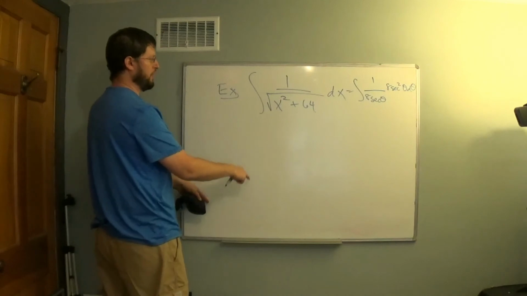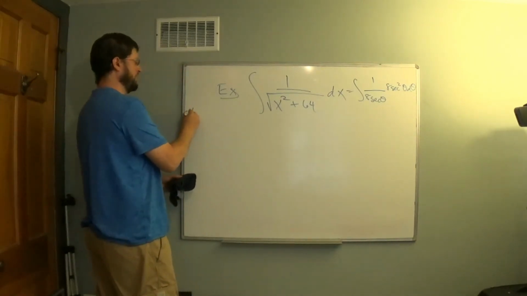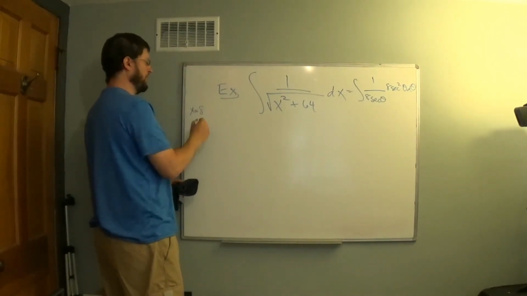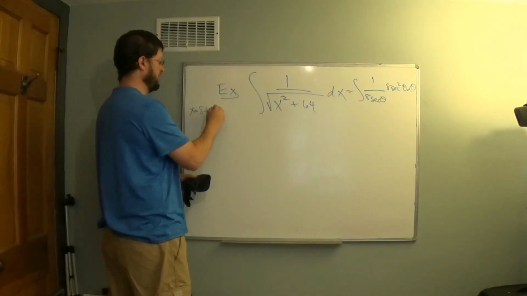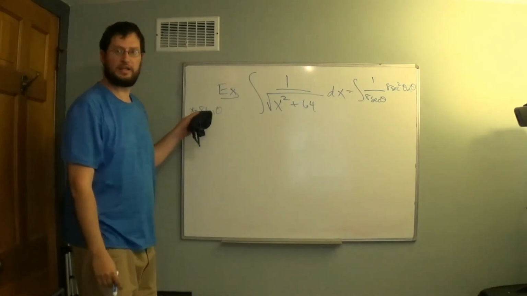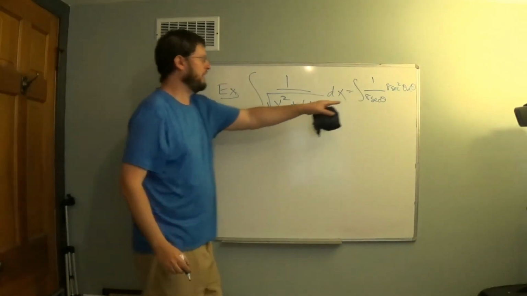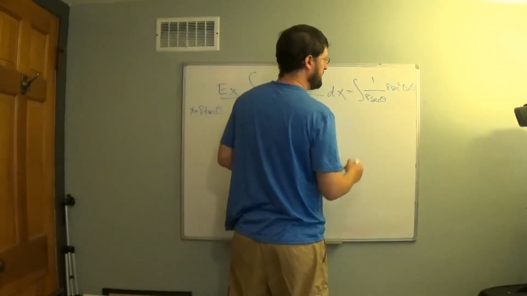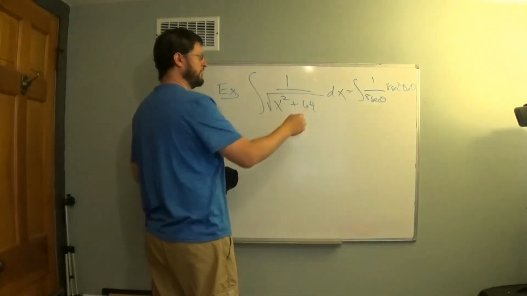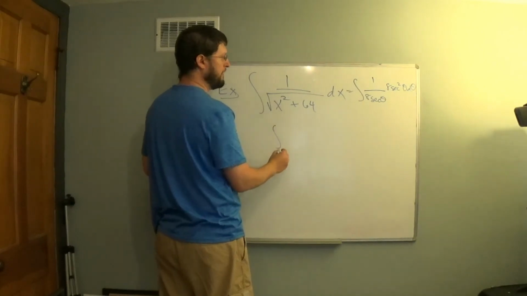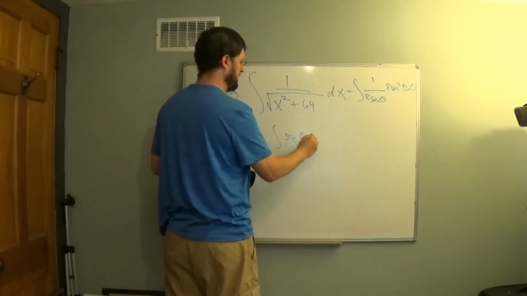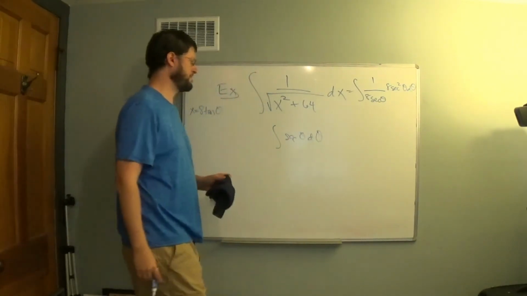I should have saved what our substitution was. Really the substitution was x equals 8 tan theta, so that x squared is 64 tan squared theta. But the 8's cancel and the secant squared cancels with the secant, and I end up getting just a secant theta d theta.